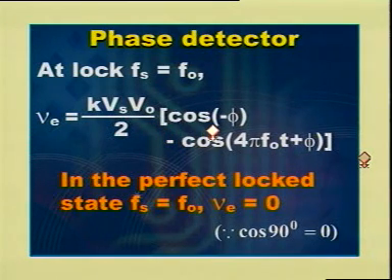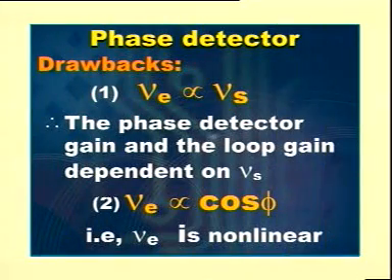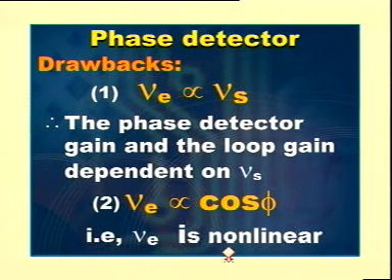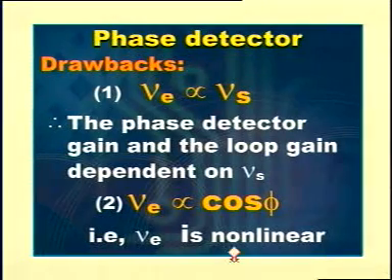The first term in this equation represents DC and the second term represents high frequency, which will be filtered by the low pass filter. Now this DC voltage is directly proportional to cos phi and it is also directly proportional to Vs. Therefore, we can conclude that the drawback of this type of analog multiplier is that VE is non-linear.